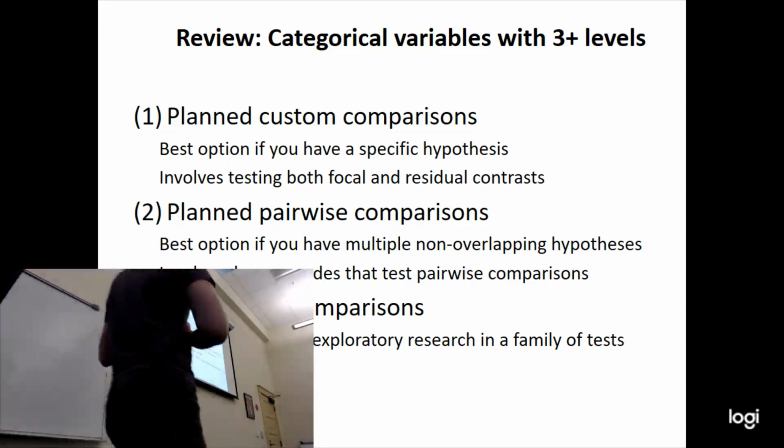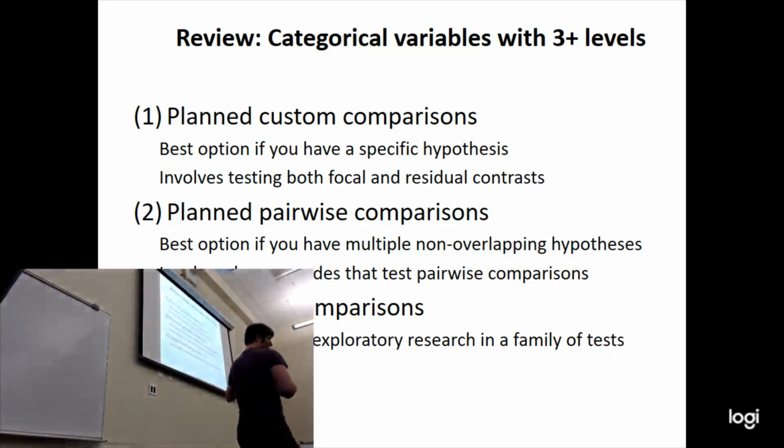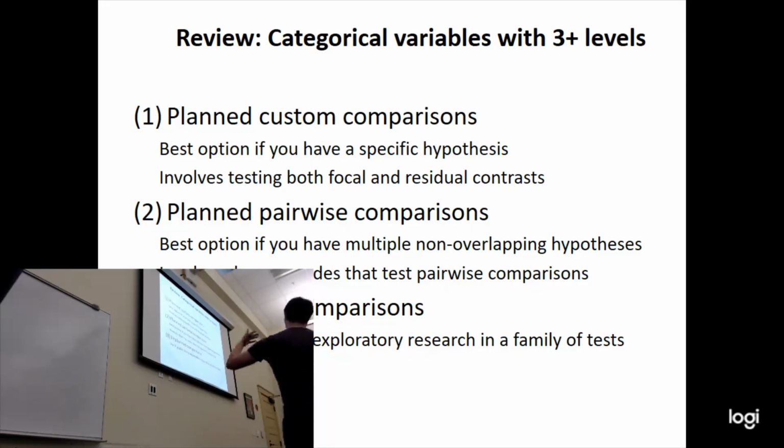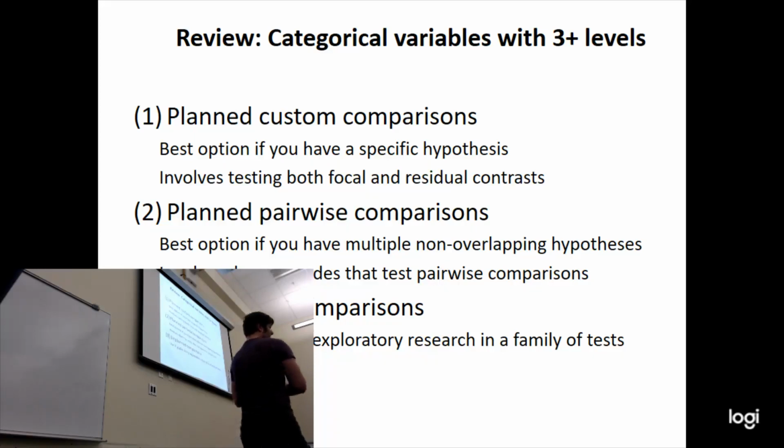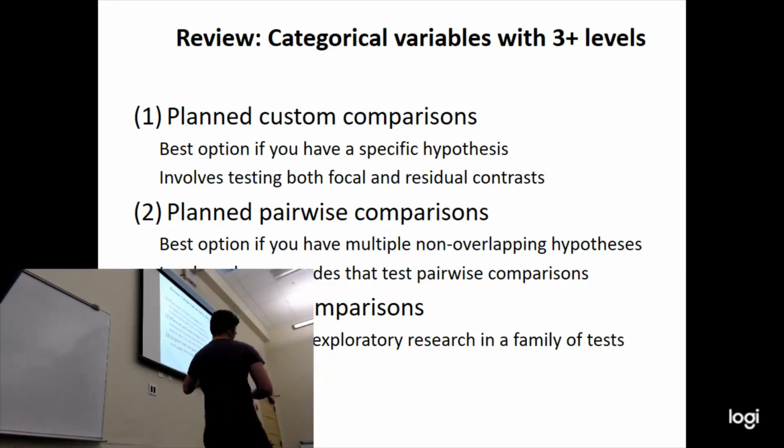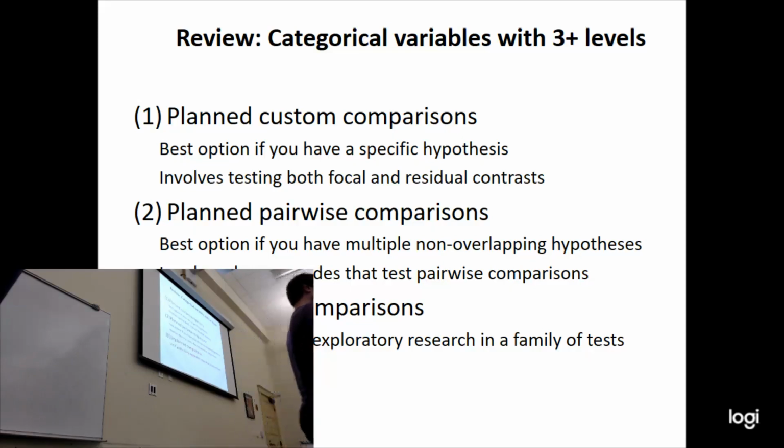So we covered generally 3 cases where you might be thinking about categorical variables with more than 3 levels. The really planned version where you have a specific hypothesis and you look at departures from that specific hypothesis. Planned pairwise comparisons where you might have a couple of independent hypotheses that don't really bear on each other.